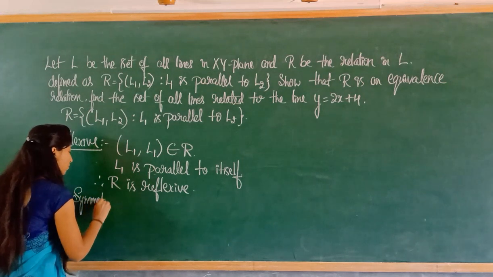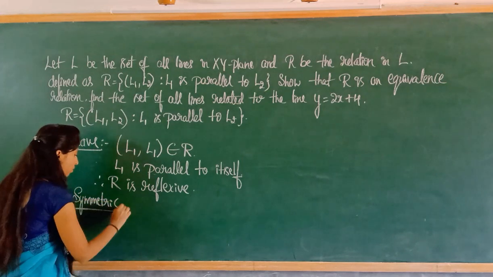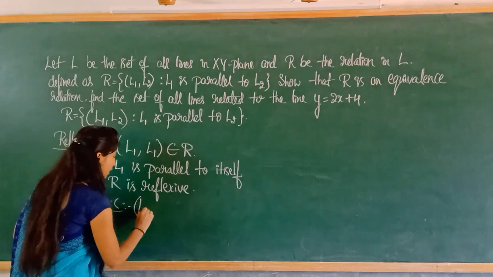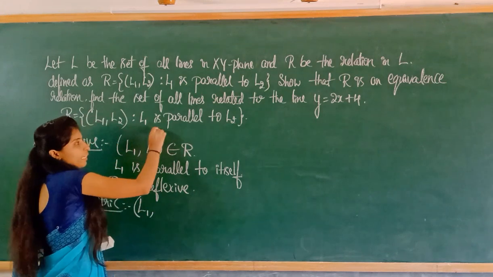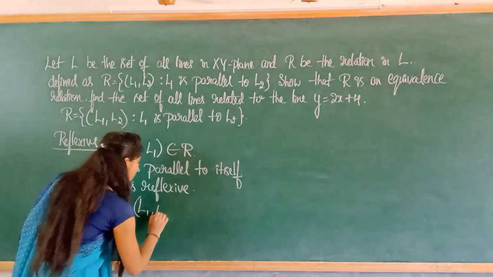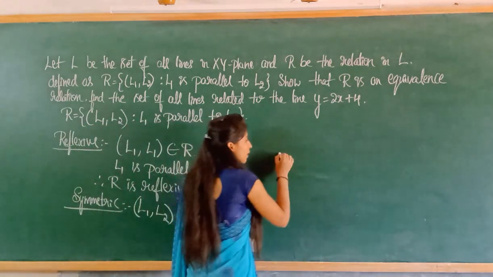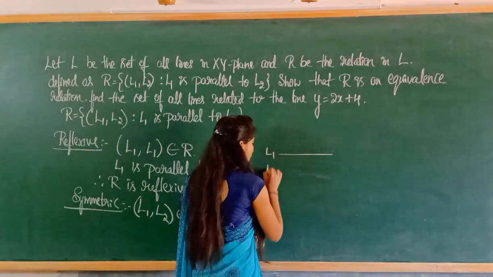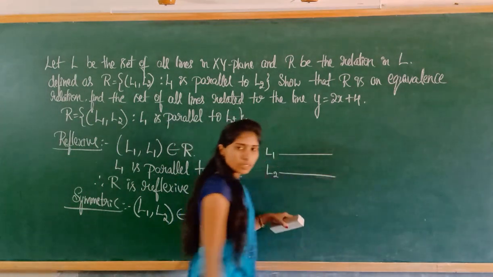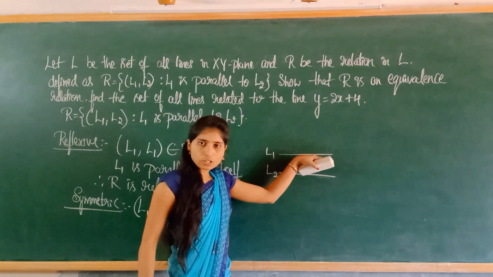For symmetric, L1 is parallel to L2, right? (L1, L2) belongs to R. See, suppose line L1 is parallel to L2 means L2 line is also parallel to L1, right?